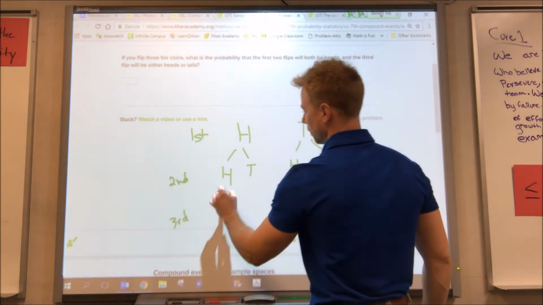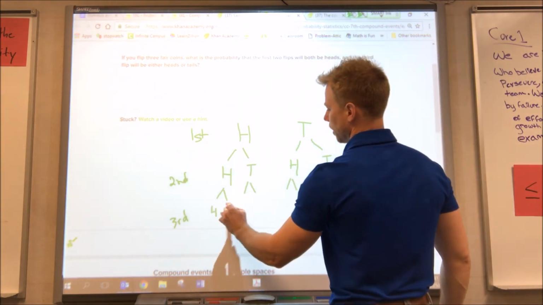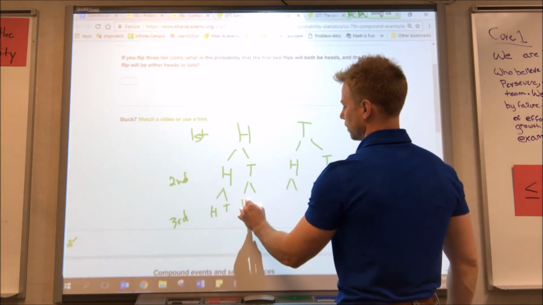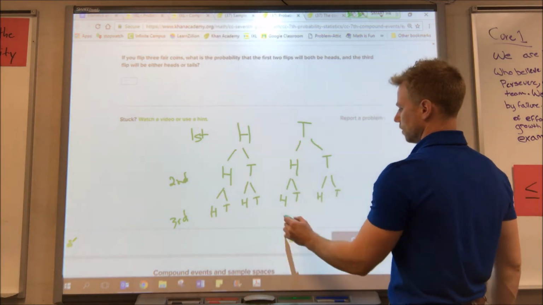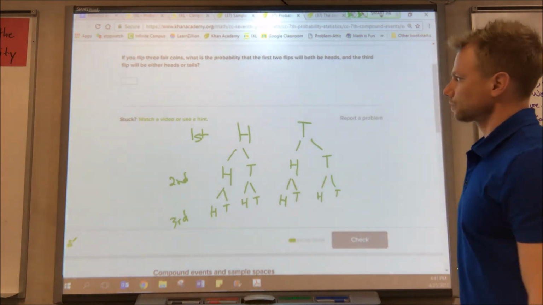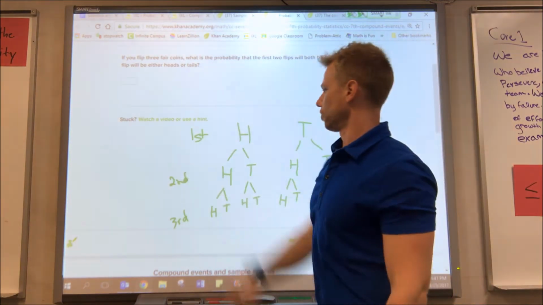And then the third flip, no matter what we flip the first 2 times, we still have choice of heads or tails, heads or tails, like that.